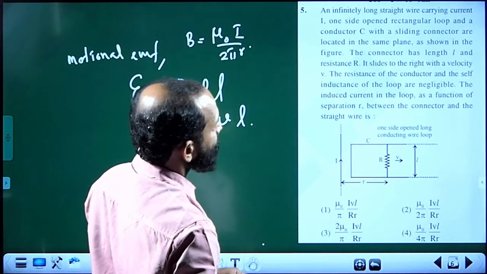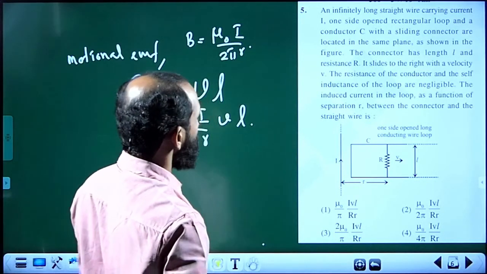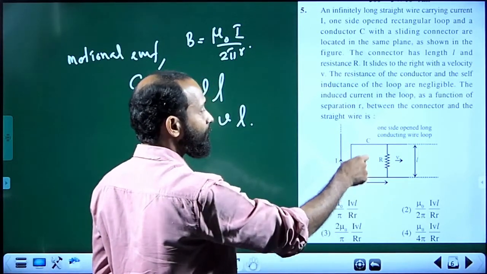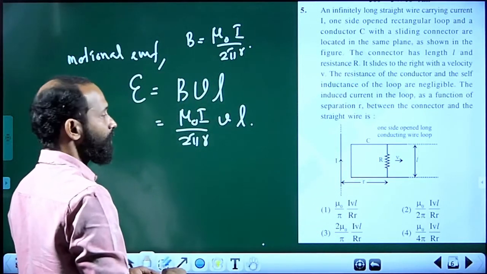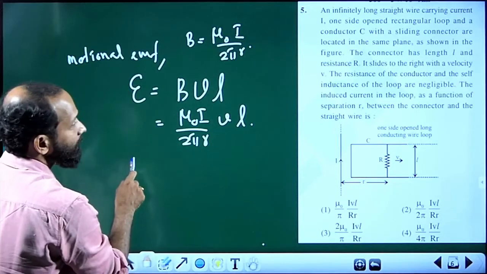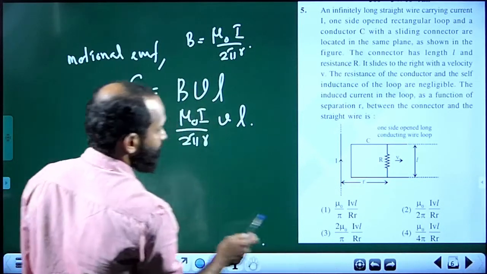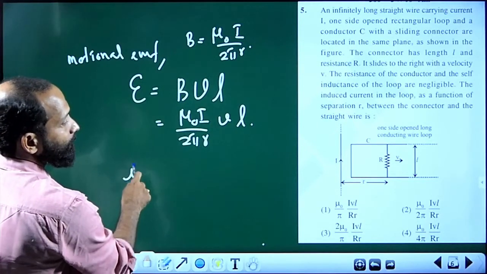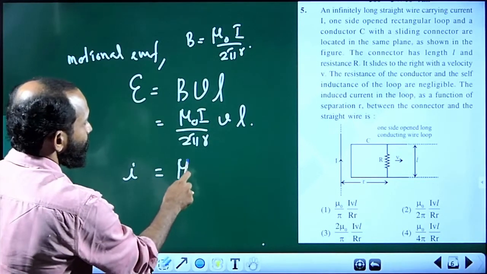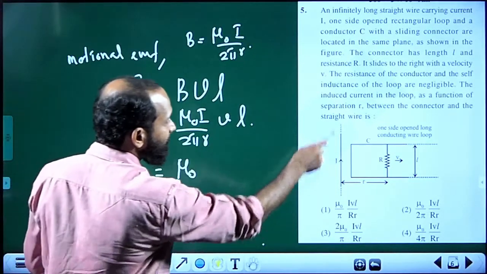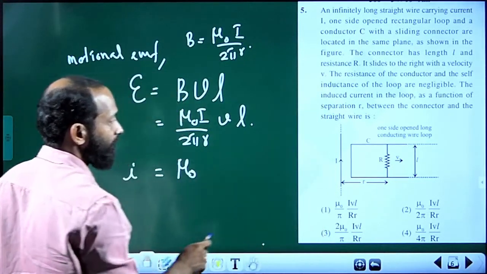Now what is the induced current in this loop? As the motional EMF can send a current, since the potential difference forms a closed loop, the induced current is small letter i. Capital letter I is the current which is the source of the magnetic field.